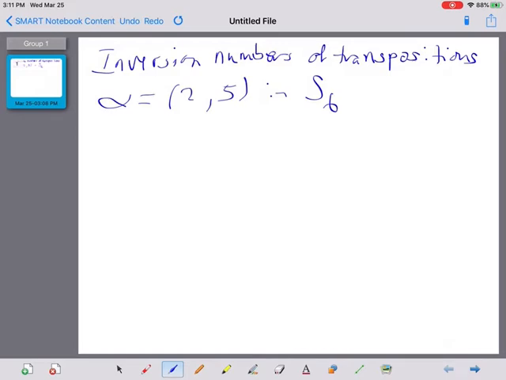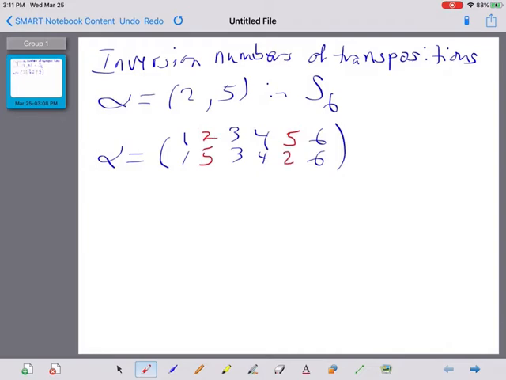in S6. So in two-row notation, alpha would look like this: the top row would be 1, 2, 3, 4, 5, 6, and the bottom row would be 1, 3, 4, and 6 are all just staying to themselves, and 2 goes to 5, and 5 goes to 2.